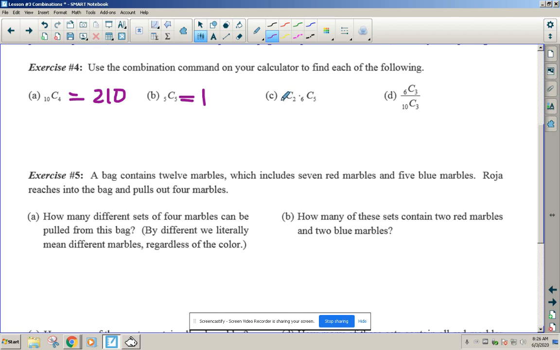Now on this next one, first type in 4C2, do that. You should have gotten 6. And then type in 6C5, and you also get 6. So now multiply these together, we have 36.